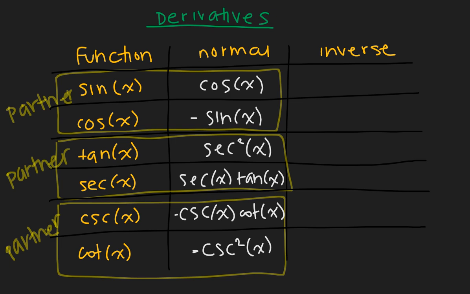Next, as you can see in this first one, we have just one function, and this one function is its partner. So for sine and cosine, we just have the partner. For tangent and cotangent, we have their partner squared.